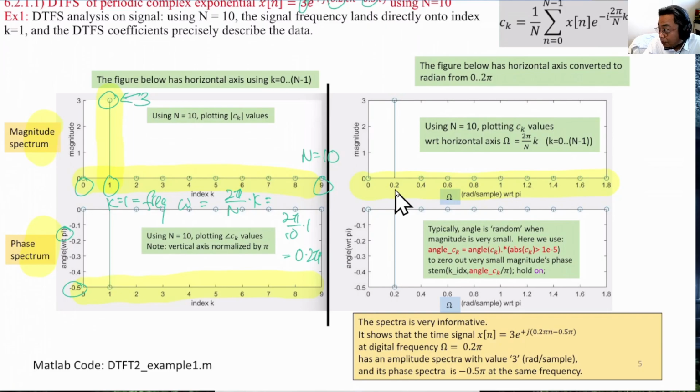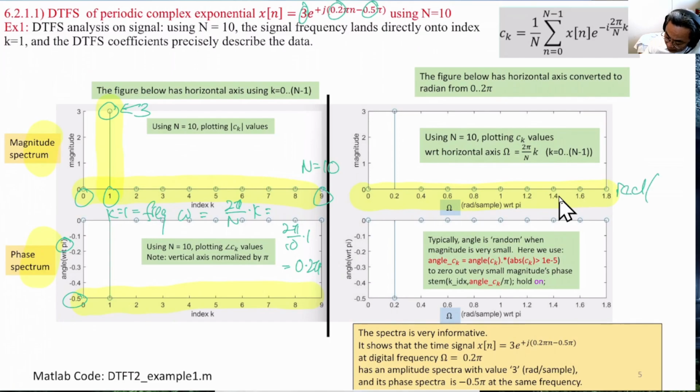Second one, 0.2 pi times 2, 0.4 pi, and so on. So the second figure here, this column of figures, is exactly the same as these figures, except the horizontal axis is now changed to radian per sample. Let me write it down: radian per sample on the right-hand side, and on this side is k.